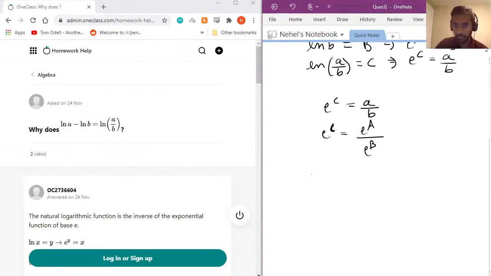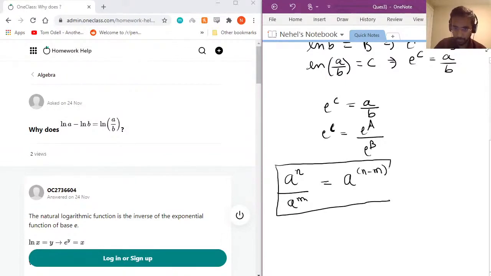The next step is to remember the property of exponents. If we have any number a to the power of n divided by the same number a to the power of m, this is equal to a to the power of n minus m. That's the exponential property.